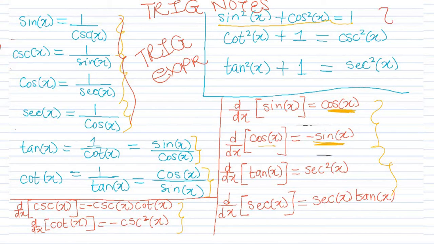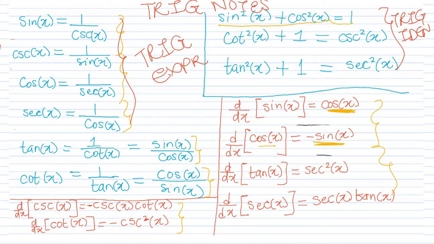Now on the right side of the screen, the top right, we have trig identities. What is trig identities? Here is the same as in sine squared x plus cosine squared x equals 1, or cotangent squared x plus 1 equals cosecant squared x.